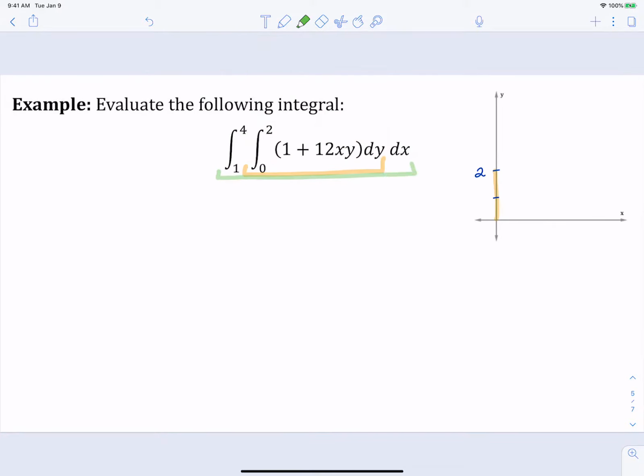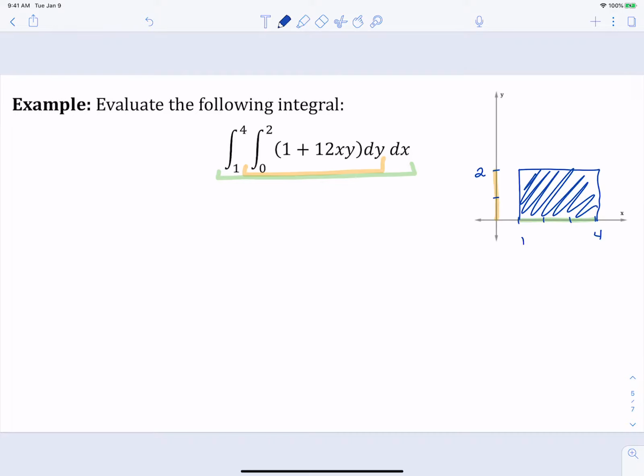The outer one, the 1 to 4 and the dx, that's giving us our limits of integration on the x-axis. So 1, 2, 3, 4. And we're going to look at this integral from 1 to 4. So the region that we're looking at is going to be this rectangle right here. There's our region.